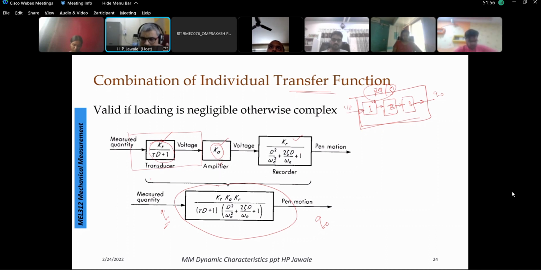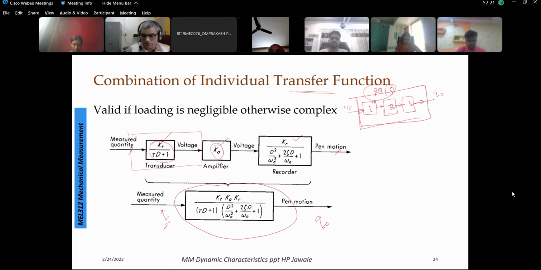Under such a condition, we apply the standard input at the very first stage and find the response at the end. We find out how the dynamic characteristics are given by the instrument. This is called a combination of the individual transfer functions.